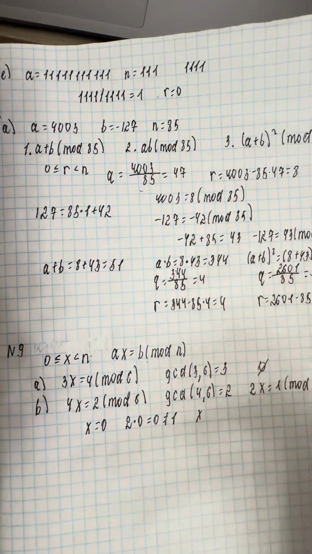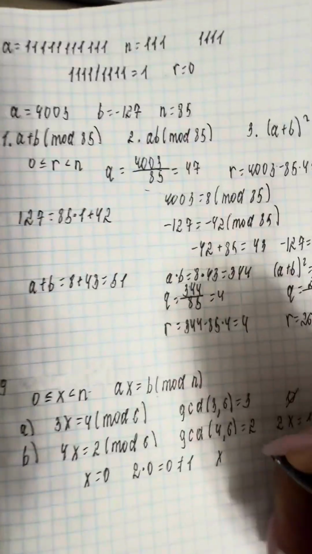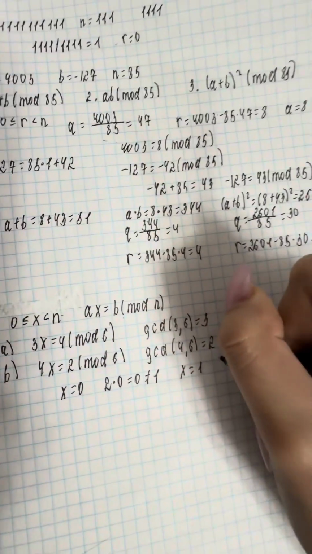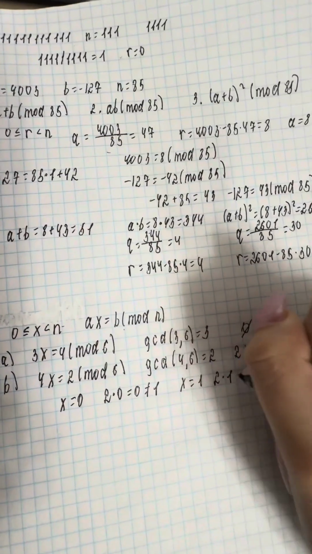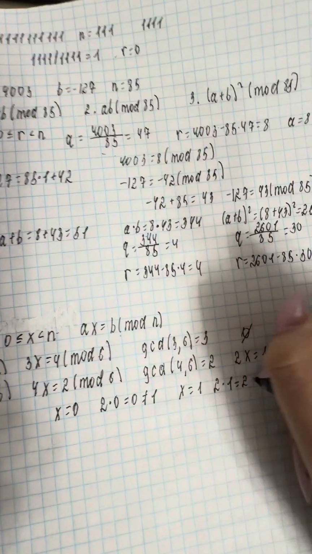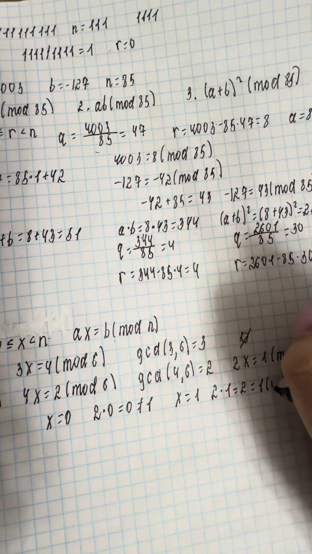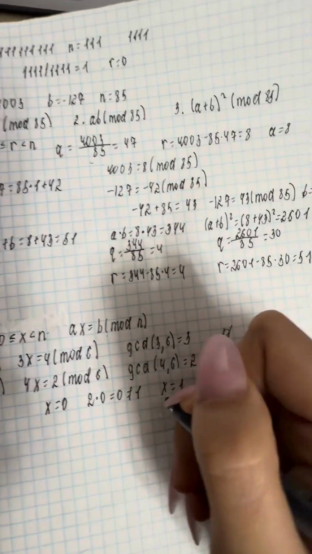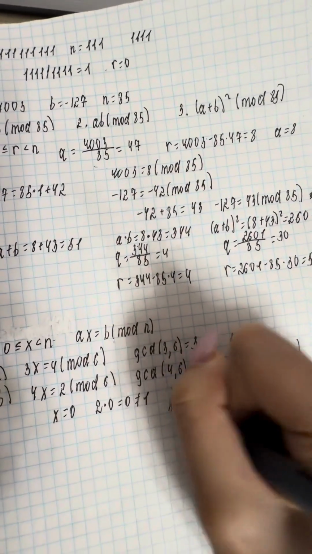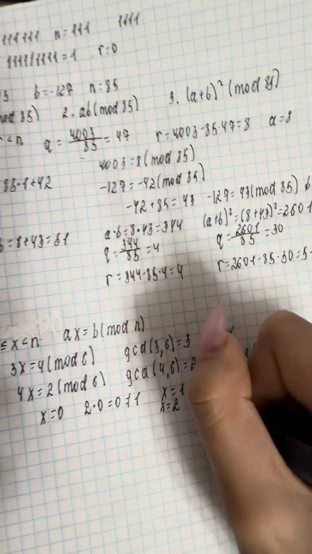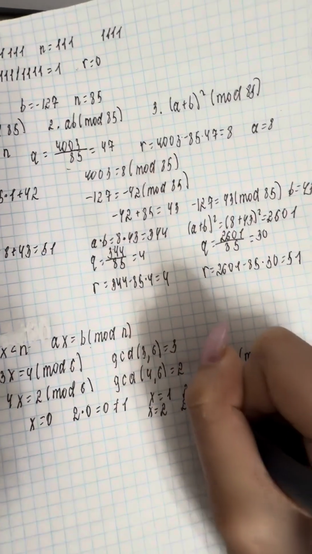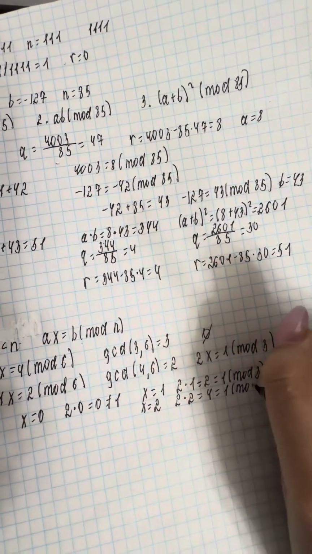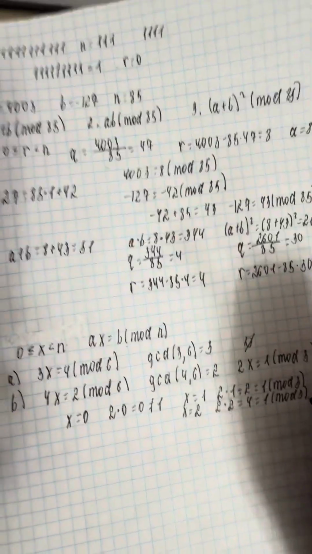0 can't be the value, and x equal to 1: 2 multiplied by 1 is equal to 2, so no. x equal to 2 works.